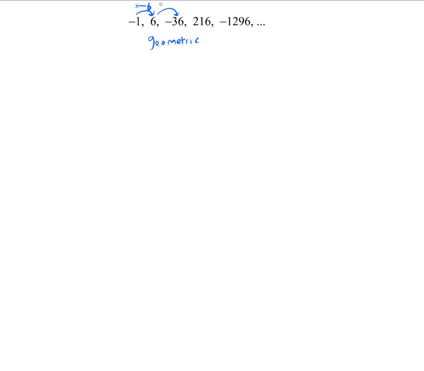Once again I'm multiplying times a -6, and as you can see, it's the same pattern over and over, me multiplying times -6. So I already know that's the pattern.